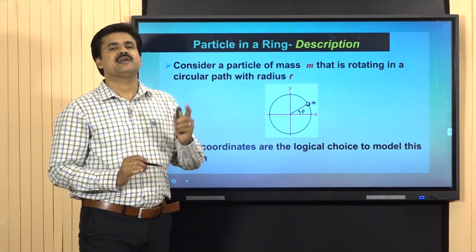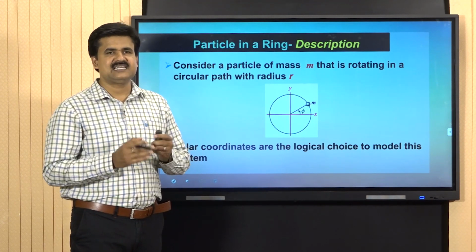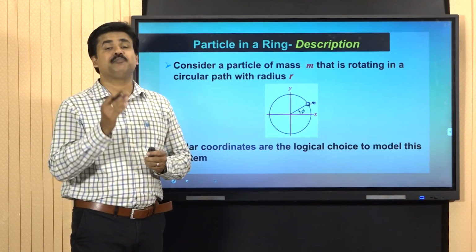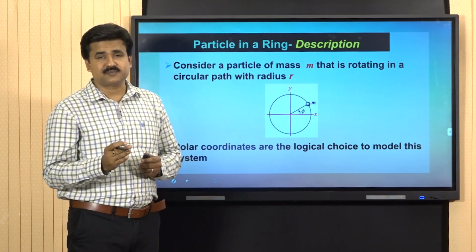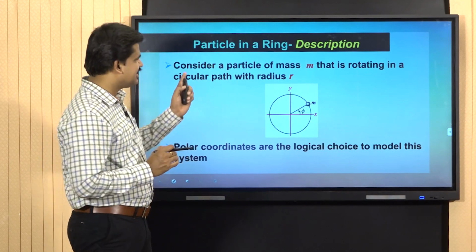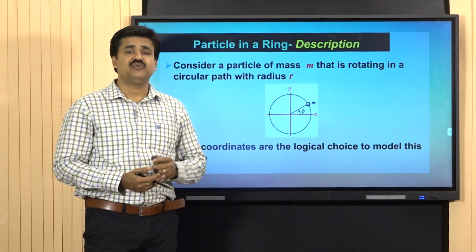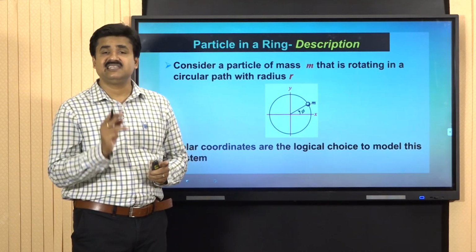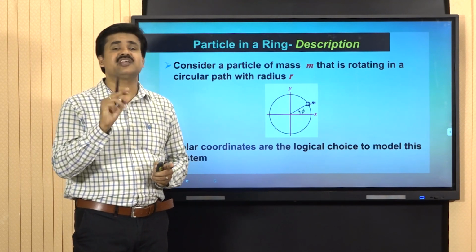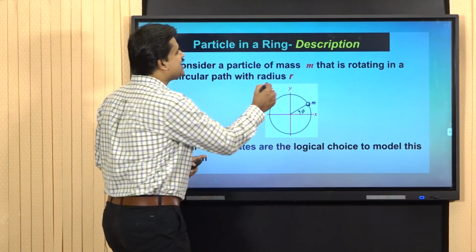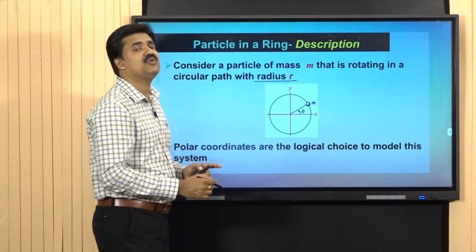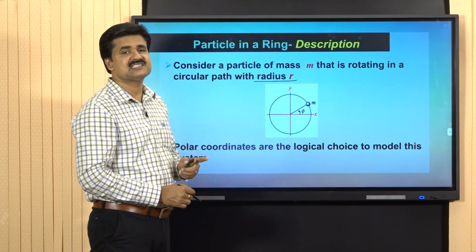Now, we are moving on to the present discussion, that is the particle in a ring problem. First of all, the description of the problem. Consider a particle of mass m that is executing rotational motion in a circular path, and the radius of the circular path is small r.